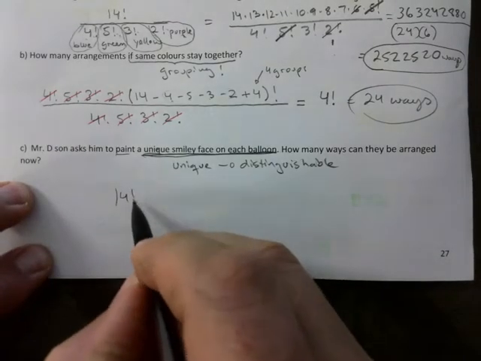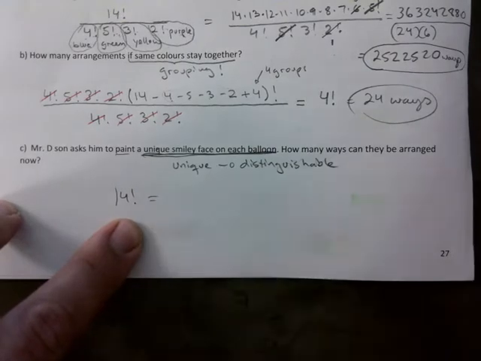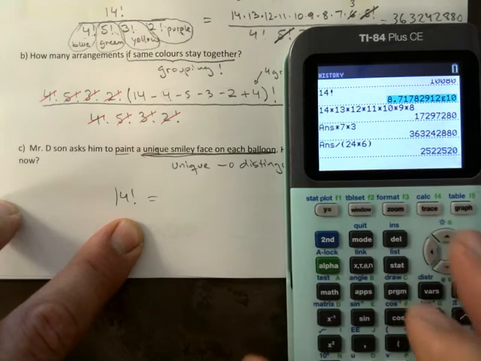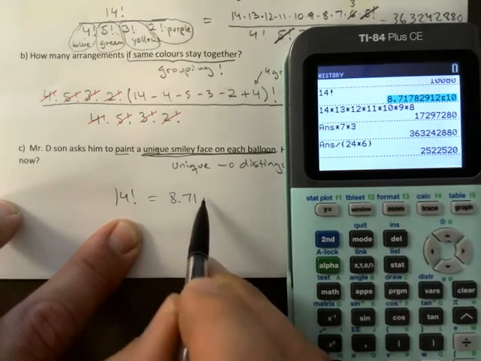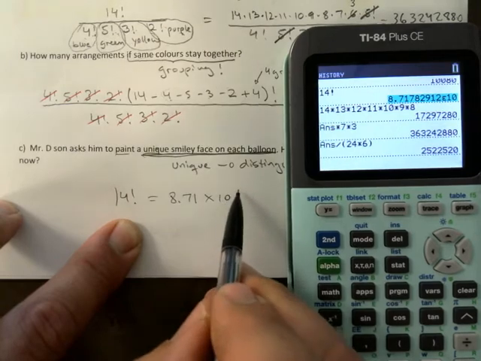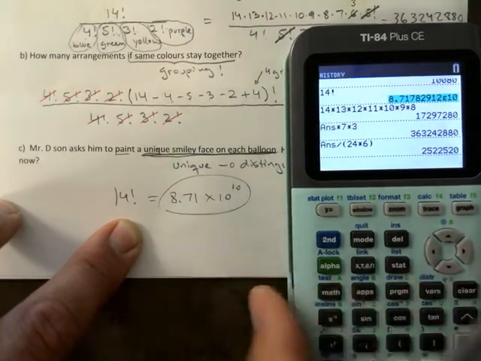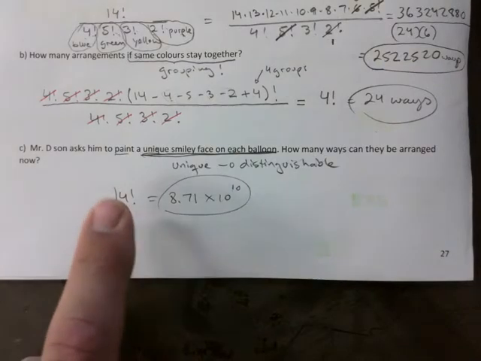So 14 factorial, and good luck with that, right? What was it again? Up there, right? So roughly 8.71 times 10 to the power of 10. So it's a really big number.